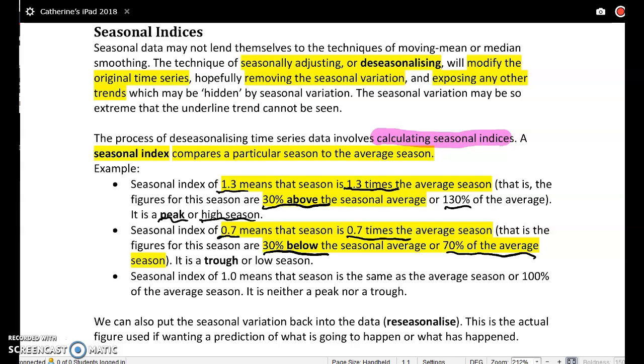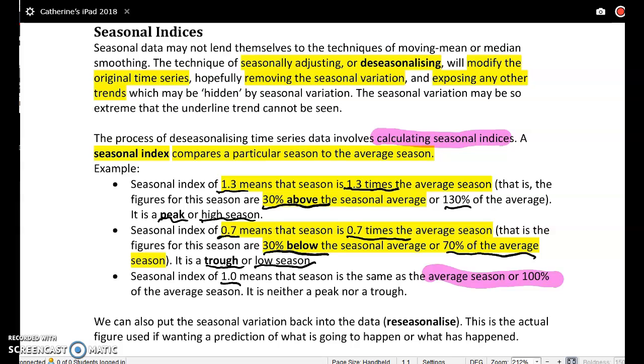So language-wise, we can refer to this as a trough or a low season. And if we've got a seasonal index of 1.0, that's the same as an average season. So we don't think of it as a peak or a trough.